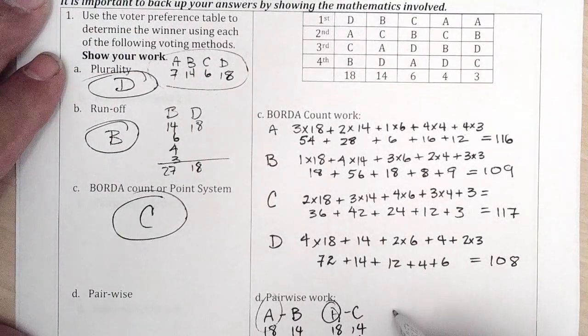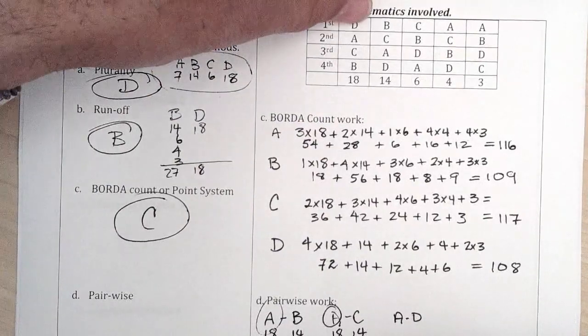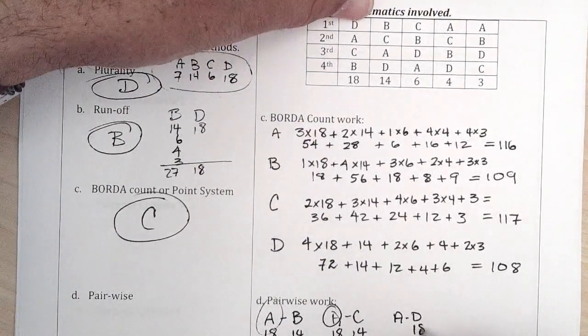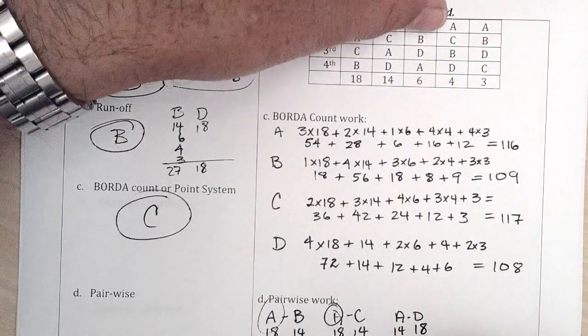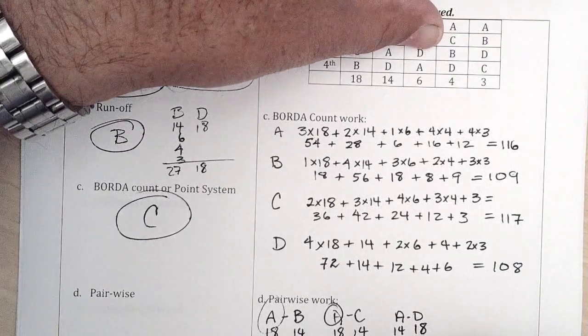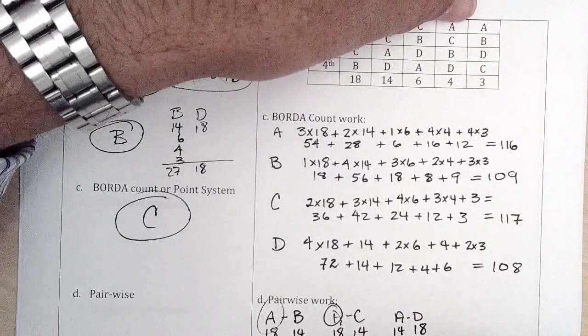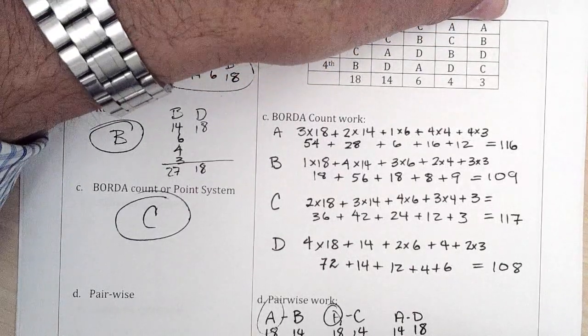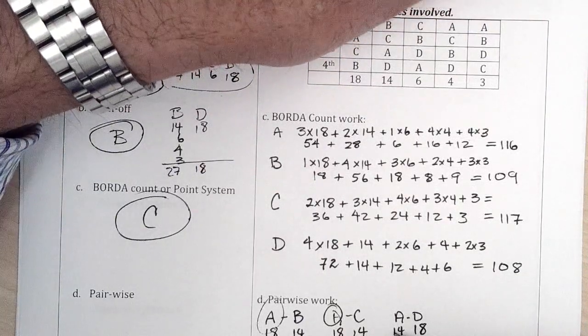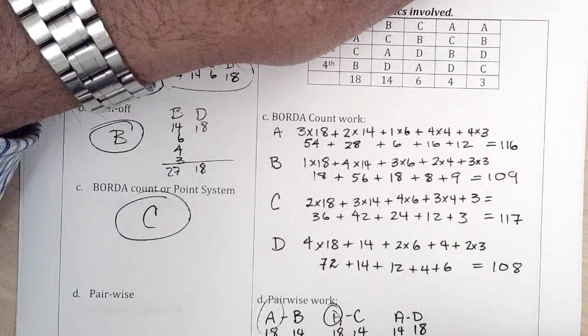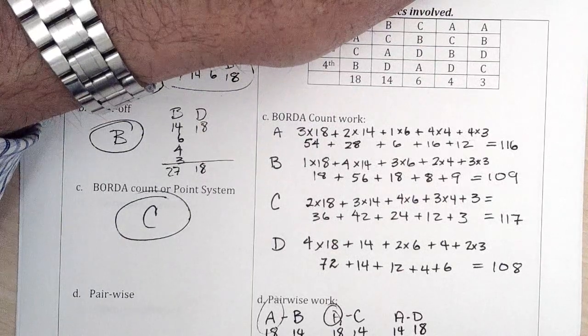All right, let's try A versus D. D wins 18. A wins 14. D wins 6. A wins 4. And A wins 3. So this one is 14, 18, 21.